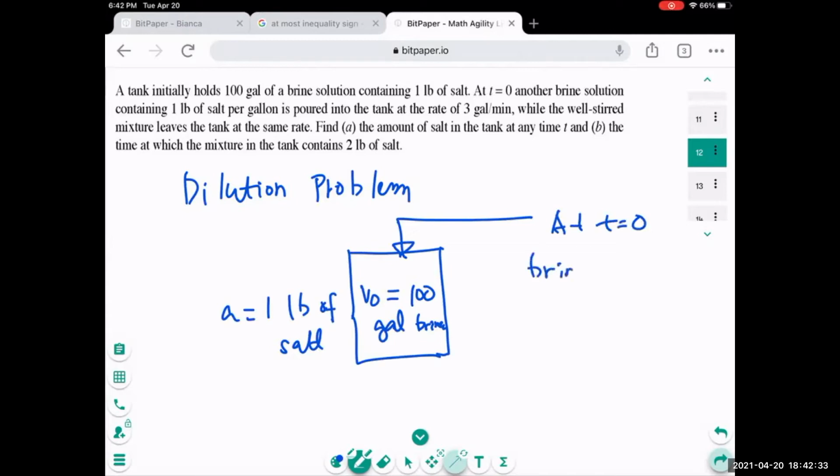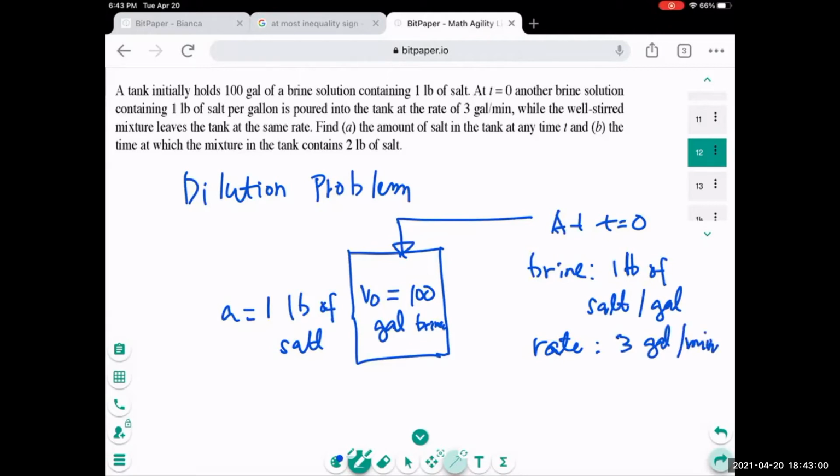The brine is 1 pound of salt per gallon, and the rate that it adds this brine solution to the container is 3 gallons per minute.